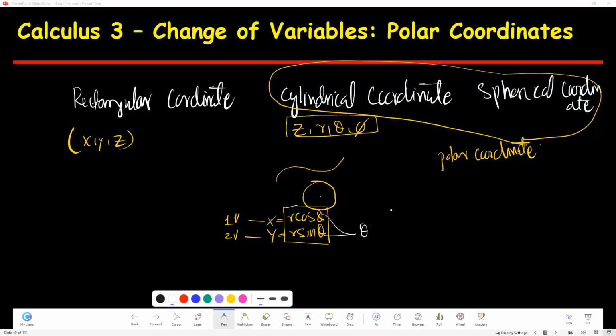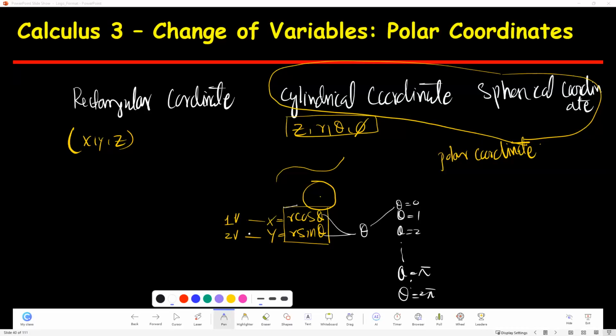So if you take different values of theta, theta equals 0, theta equals 1, theta equals 2, and so on, theta equals pi, maybe up to theta equals 2 pi, depending on your need and how big the arc or curve is, you can substitute different values of theta and find the values of x and y.